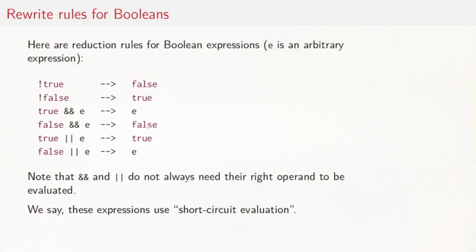So e doesn't need to be a value, it doesn't need to be reduced to a value. And we say that these expressions use short-circuit evaluation. Of course, expressions in most other programming languages, Java included, do the same thing, but now we have a concise model that shows essentially a rule for when this happens.